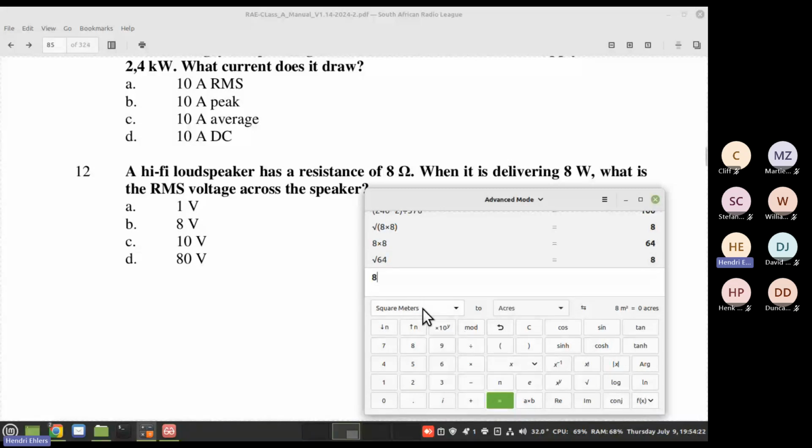So it seems like it's B, 8 volt. Everybody agree? Yes. Good. Are there any questions? Just don't tell me to do everything from the beginning again. No, I will, but not tonight.